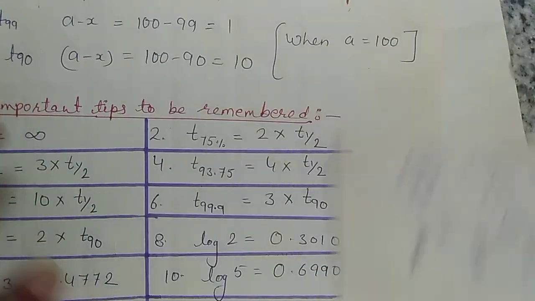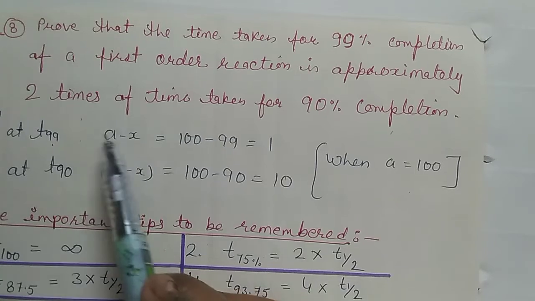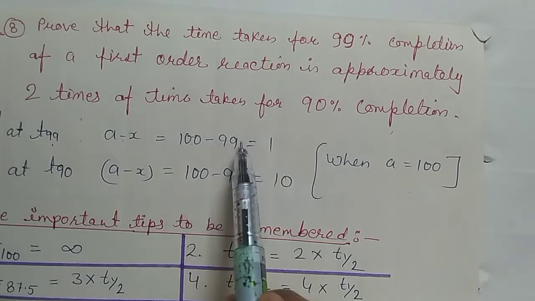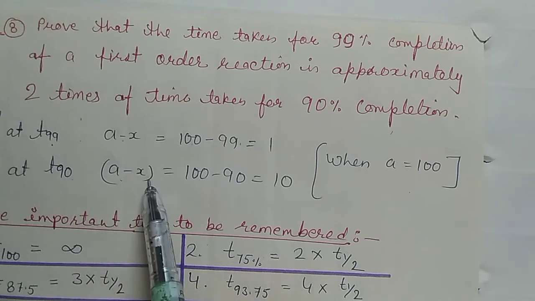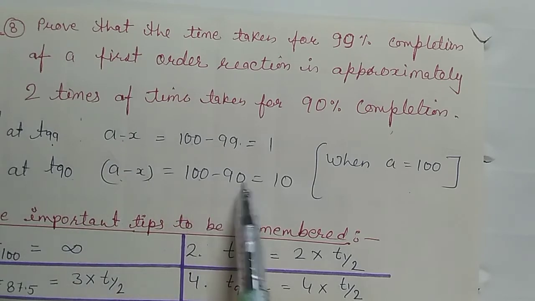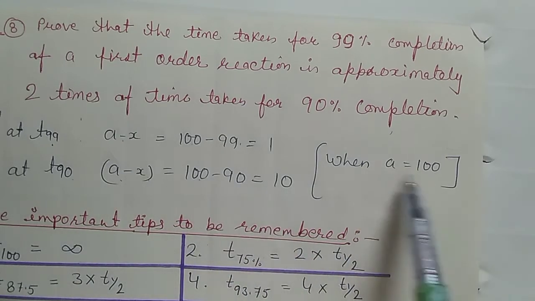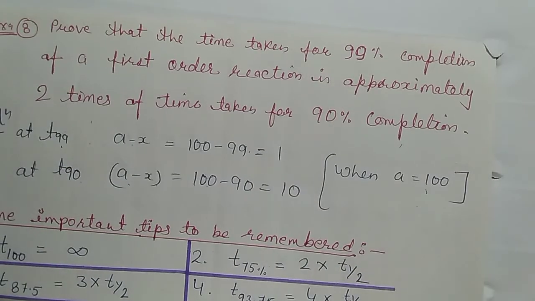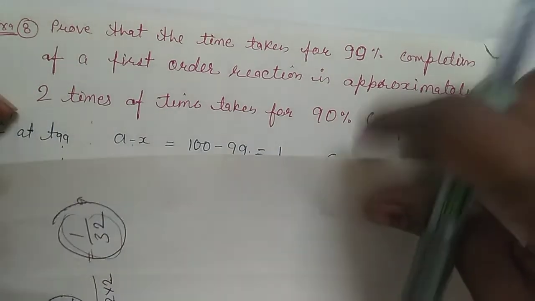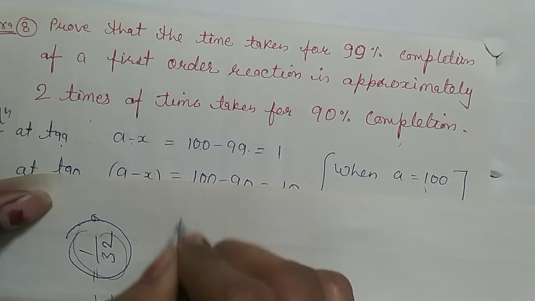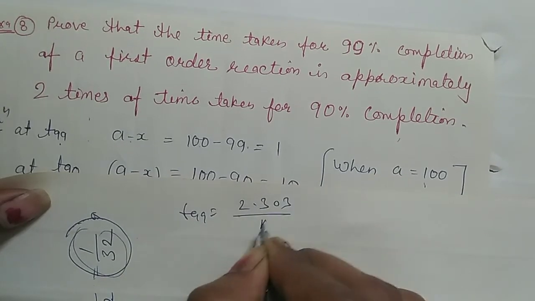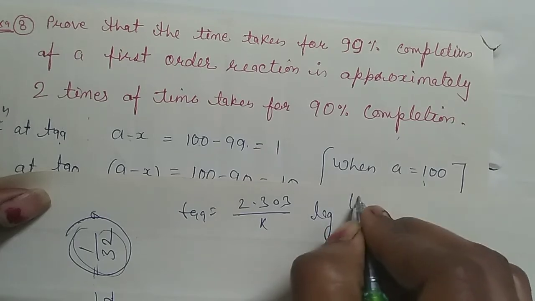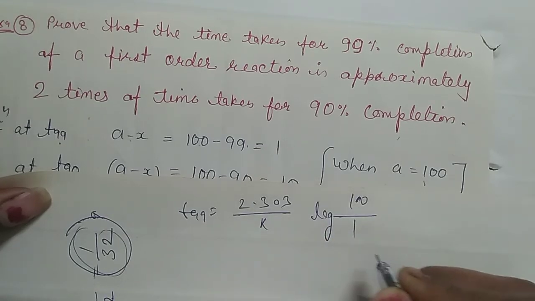So in this reaction also, at T99, A minus X will be 100 minus 99, which is equal to 1. And at T90, A minus X will be equal to 100 minus 90, which is equal to 10, when A is equal to 100. Then for first order reaction, T99 will be equal to 2.303 upon K log 100 upon 1.